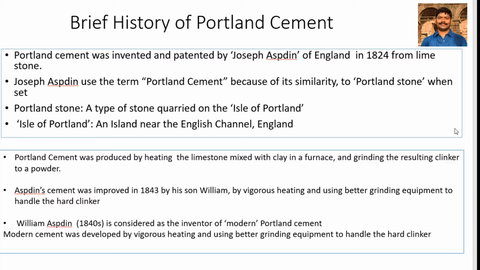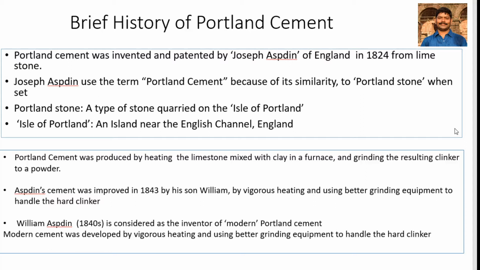Portland cement was first produced by heating limestone mixed with clay in a furnace and grinding the resulting clinker into powder. But his son William Aspdin improved the quality of the cement.